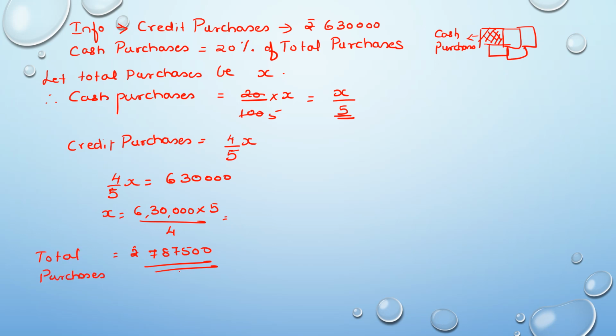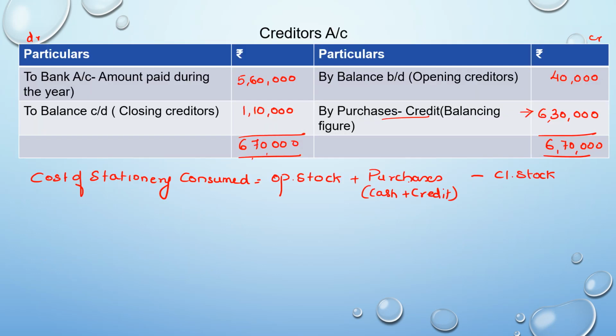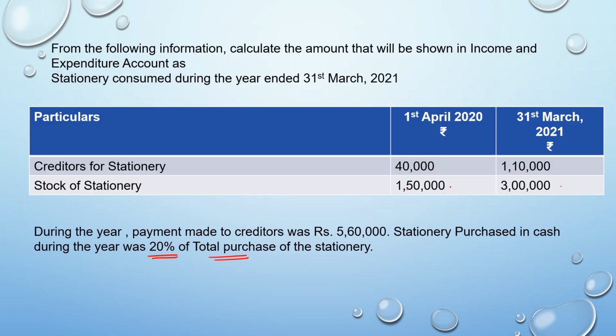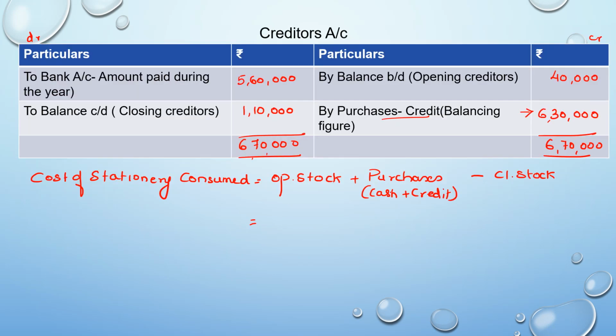Now, without doing anything further, you can directly put this value here in the purchases, because what we require to add is the total purchase, that is cash plus credit. So opening stock of stationery was 1,50,000, closing was 3 lakh.